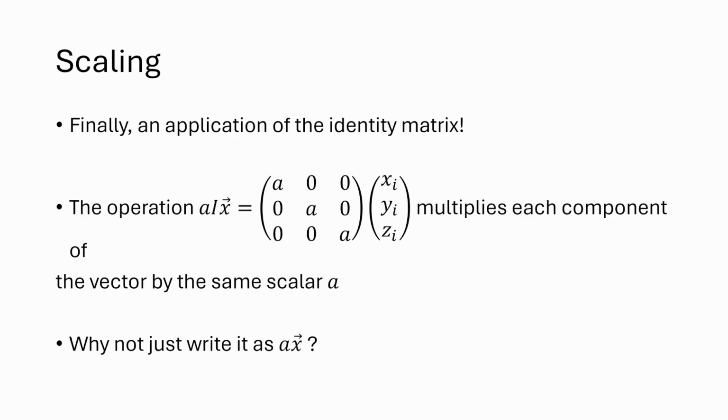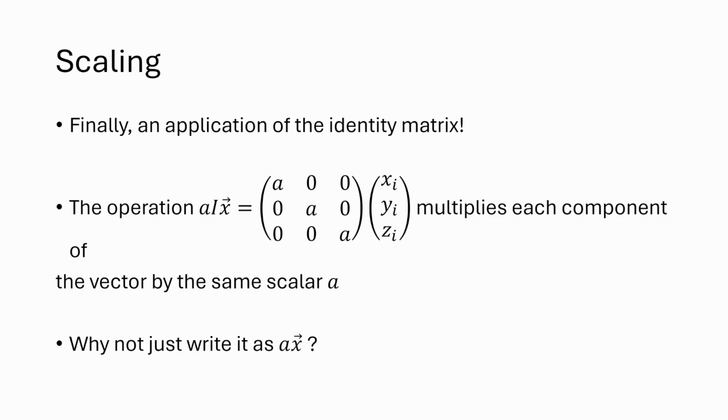Why don't we just write this as the scalar a times the vector x? And the answer is, in this isolated context, you can, and it really makes no difference at all. However, when we start doing more complicated transformations, like in the very next slide or two, that require multiple steps, where we are doing actions in sequence, we are going to want to build those complicated transformations out of simpler parts.